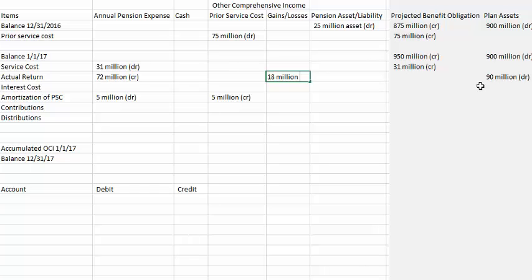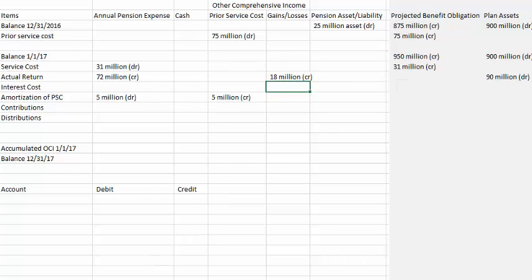So there's a 2% difference that we're off, and so that $18 million gets debited to this account. I think it's a debit. Hold on, let me think about that for a second. So it's debited to this account. It's actually credited to this account. Sorry. So that's credited. Alright, so now this entry has been taken care of, the actual return.